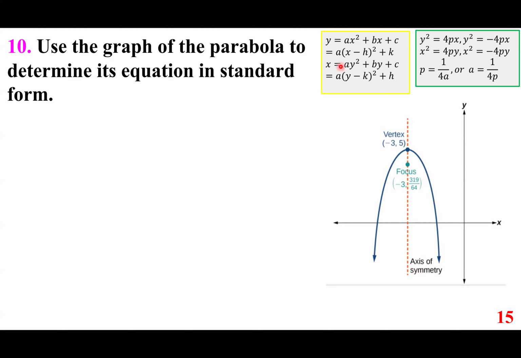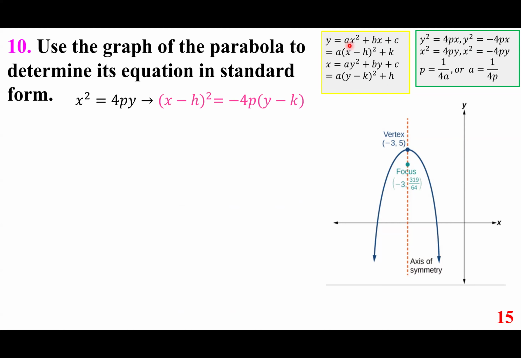You can think of it as x equals a y squared plus by plus c, or a times y minus k quantity squared plus h. Or think of it as x squared equals 4py, and therefore x minus h quantity squared is minus 4p times y minus k. That's your choice. Either one is fine.